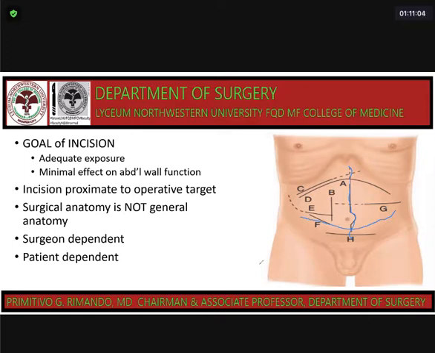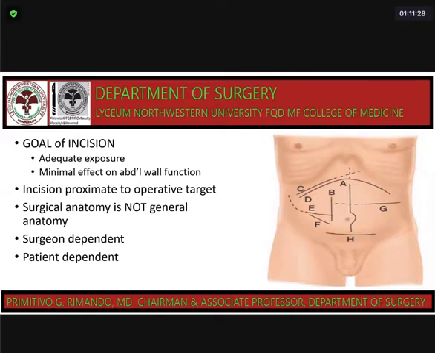So they want the exposure to be as large as possible. But of course now in the modern era, that is no longer our thinking. So just make an incision that will be enough for you to do the procedure.